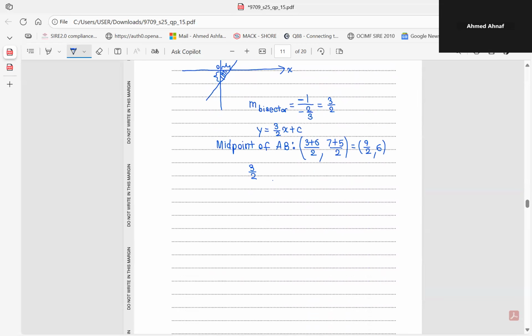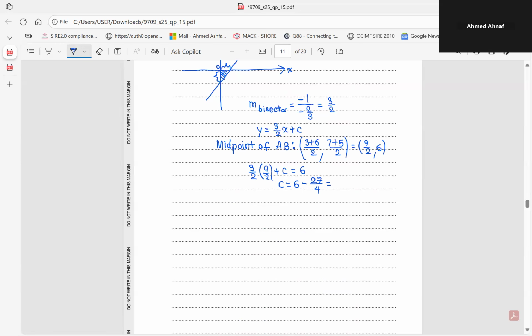So 3/2 times 9/2 plus c equals to 6. And then c would just be equals to 6 minus 3 times 9, which is 27 over 2 times 2, which is 4.